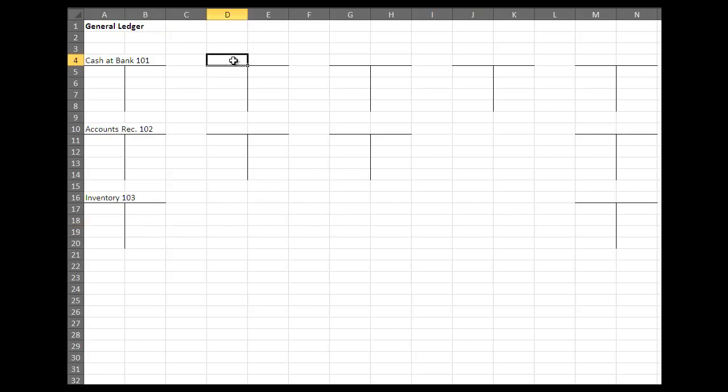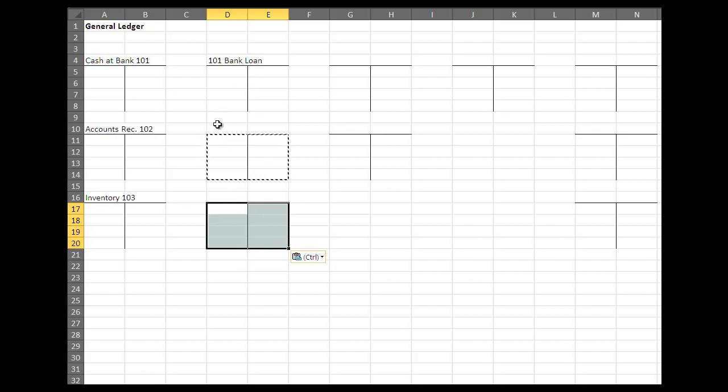Then the next column over, we have bank loan, and I've said this is a short-term bank loan just so that I can put it in current liabilities as opposed to non-current. Right, let me wipe that out.